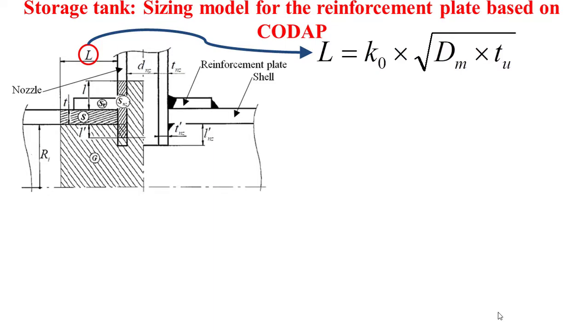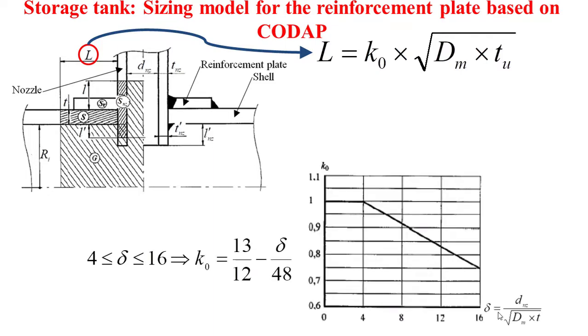And this factor K0 can be obtained from this chart, which indicates that when the factor delta, which is the internal diameter of the nozzle D NZ divided by the square root of the mean diameter multiplied by the thickness, is from 0 to 4, K0 is equal to 1, but from 4 to 16, K0 is obtained as 13 by 12 minus the factor delta divided by 48.